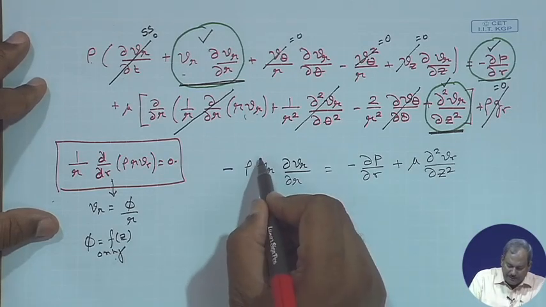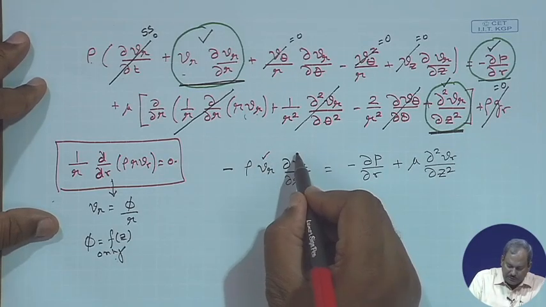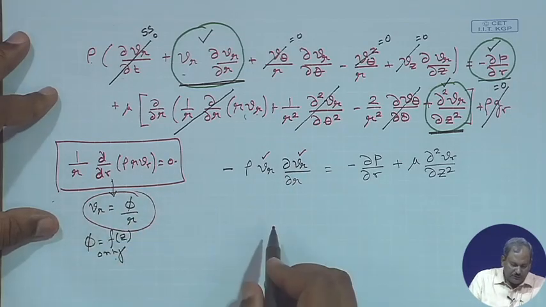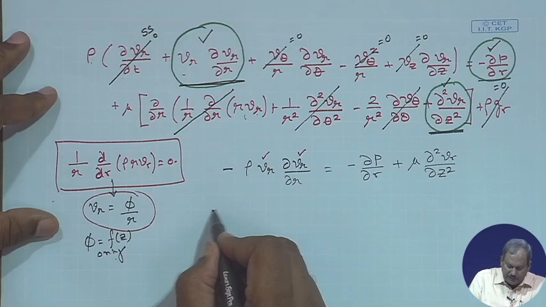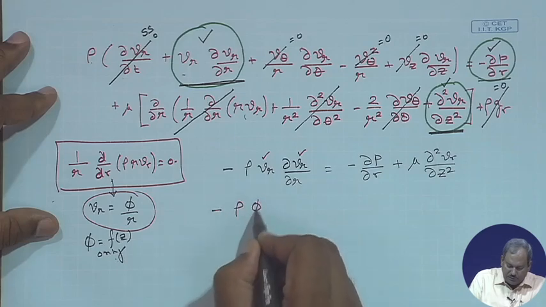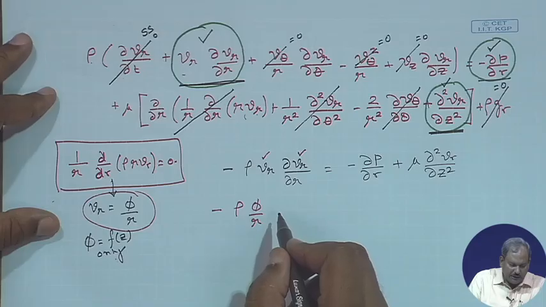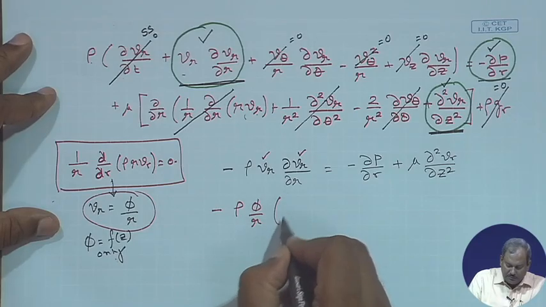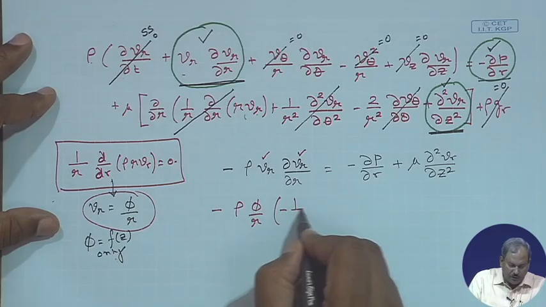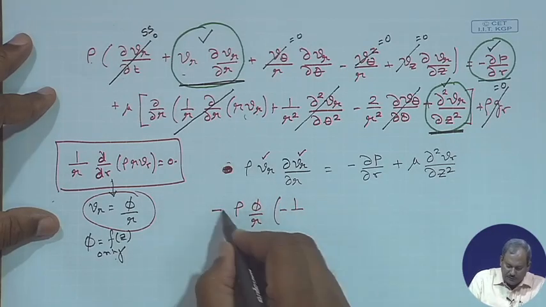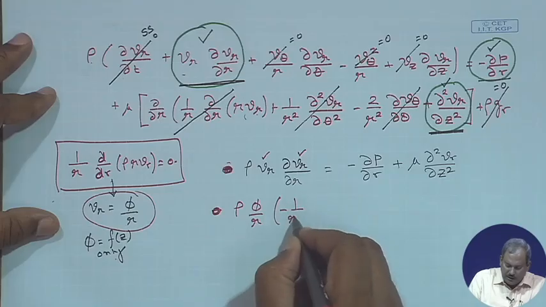And I am going to substitute V r and del V r del r from this relation. So what I would get is minus rho phi by r into del V r by del r, which would be, sorry, this is not minus, this is plus, 1 by r square.